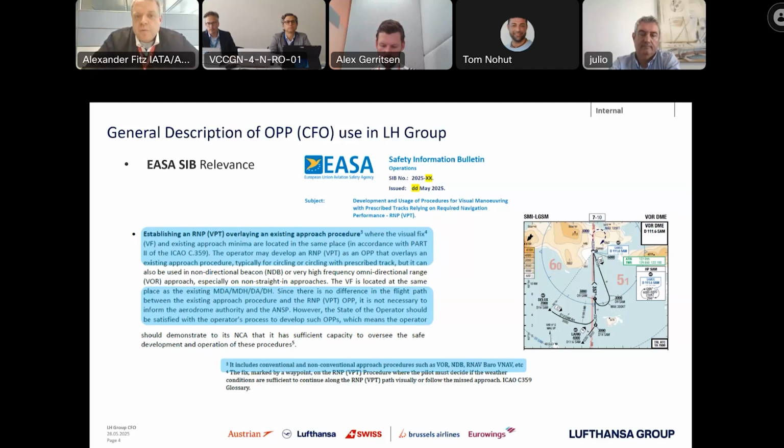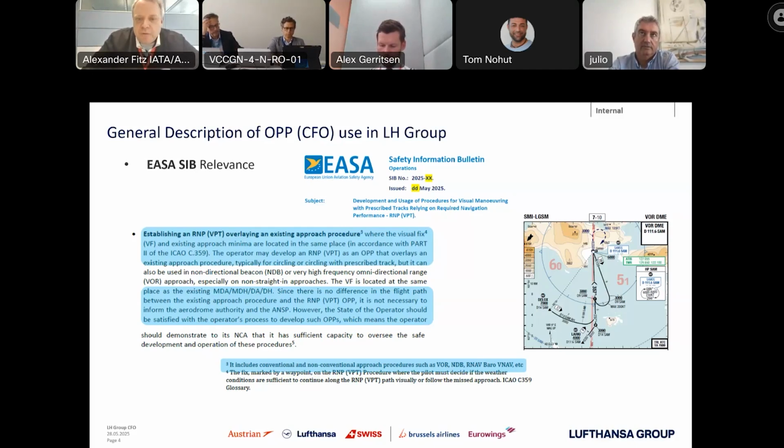Therefore, for the instrument part of the procedure, we give an overlay of a desired flight track to the runway. And we provide a visual fix or deviation point where it is clearly defined that the pilot has to be in VMC conditions to continue to follow the flight track using guidance to the runway.